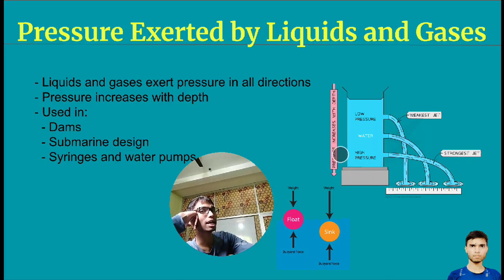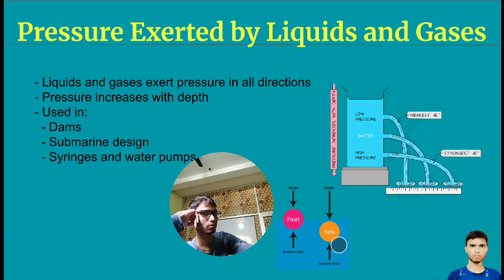But remember, as I told you, height will matter. If the height of this is less, then here the width would be more. Here the height is normal, then this will be normal. Here the height of this is more, then this width would be less. Clear?